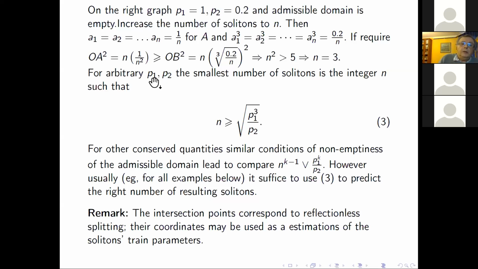For arbitrary P1 and P2, this inequality is as simple as that.